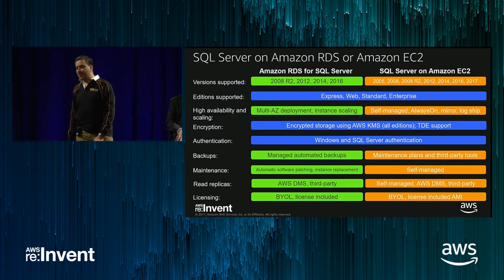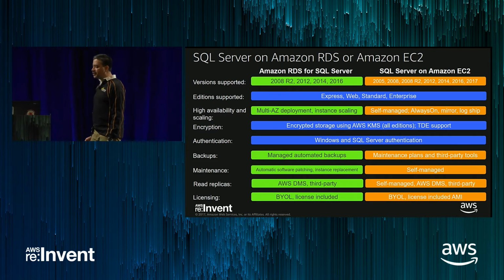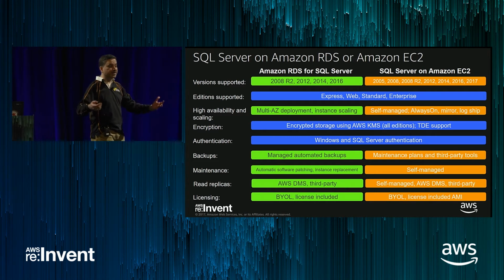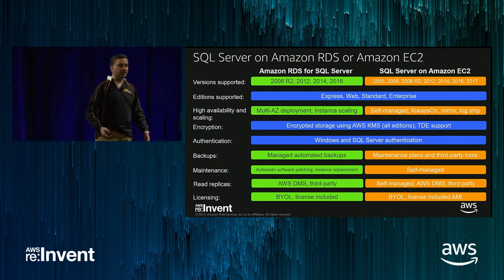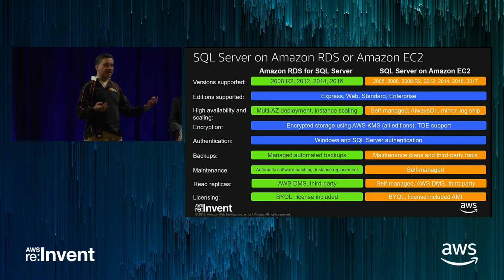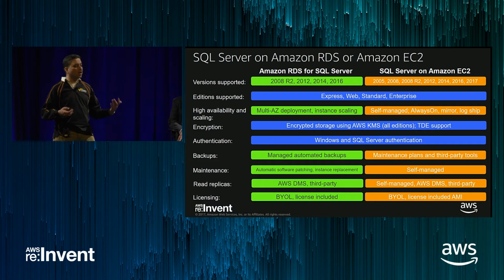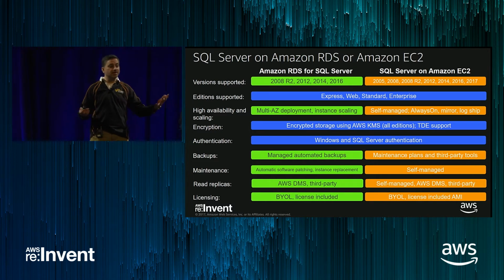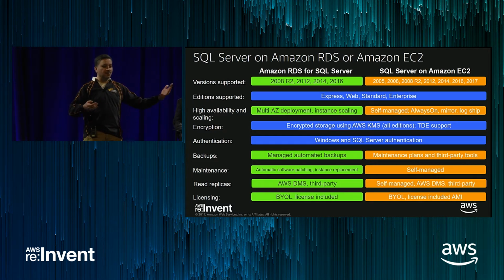Backups. As I mentioned, our goal is to ensure that you, as a customer, can focus on the most important things. Backup is important, which means that AWS will manage the backup, whether you want to take automated backups or manual backups and things like that. You will be able to restore all the way back to the last 5 minutes, so that you can go back in time and restore to any point in time.